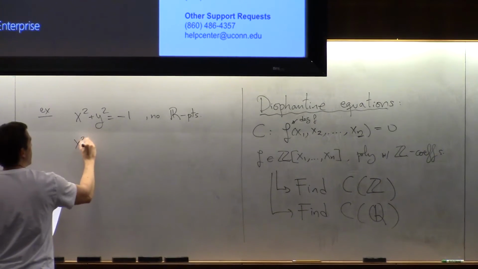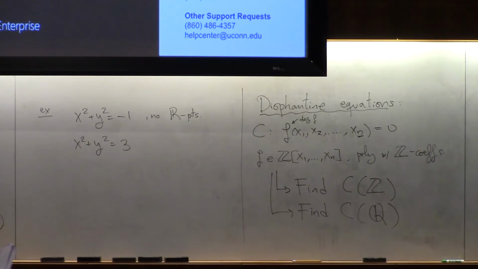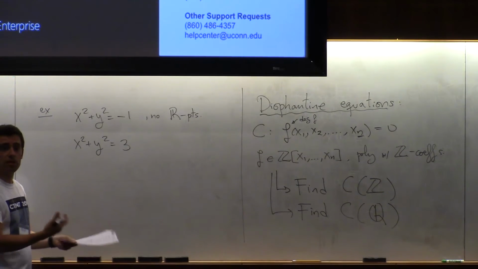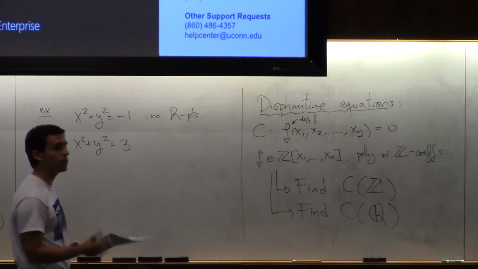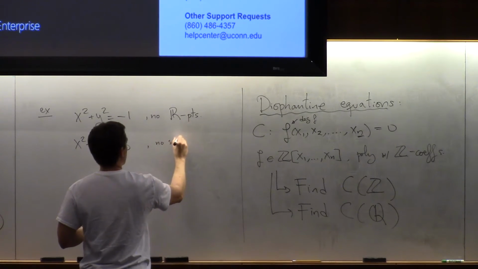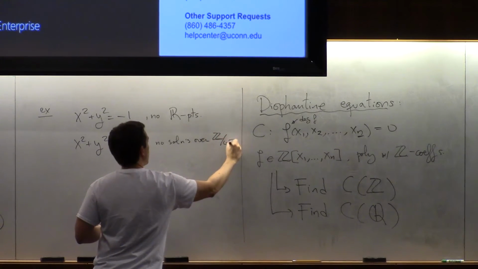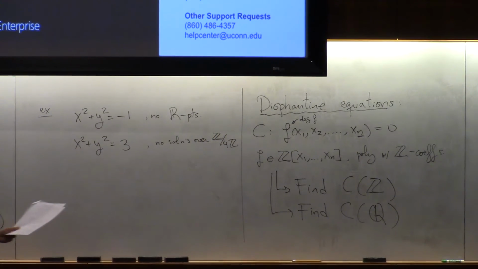What about this one? This one has real points, right? The square root of 3, 0 is 1. But there are no solutions modulo 4, so there cannot be integer solutions, for instance, and that creates all sorts of problems, so there are no rational solutions either. So mod 4, it fails.